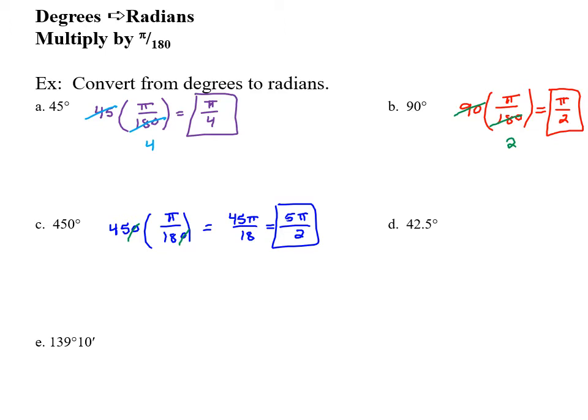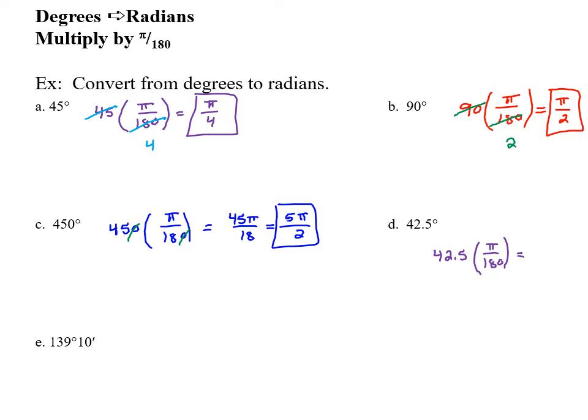Now, if it's a decimal or if it has minutes and seconds in it, that usually means that the pi got absorbed into it, and so we'll have to put that in the calculator. So I still do the same process. It's still 42.5 times pi over 180, but instead of leaving the pi in there, we would multiply it all together.